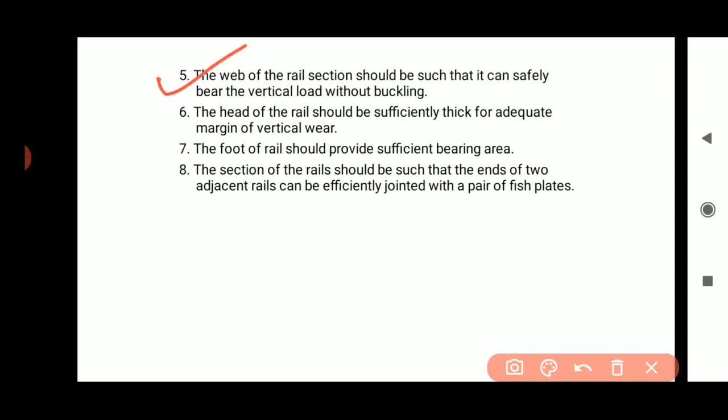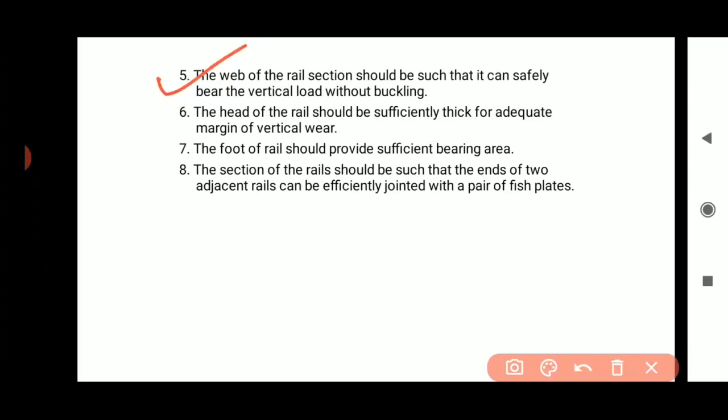If the web of the rail section is thin, then it can't bear the vertical load and it will fail by buckling. So the web should be thick so that it can bear the vertical load without any failure.